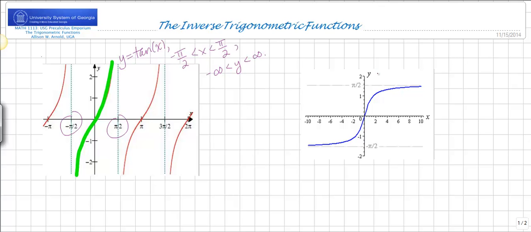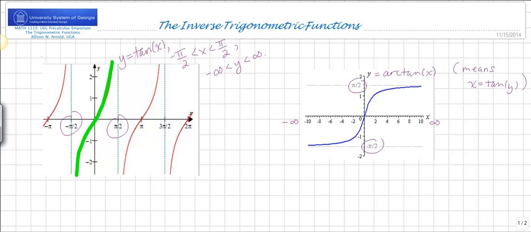So when you swap x and y to get what we're going to label as arctan, which as we noted in earlier videos means that you swapped x and y in the original formula, then the y values now will range from minus pi over 2 to pi over 2, and the x values will range between minus infinity to infinity.